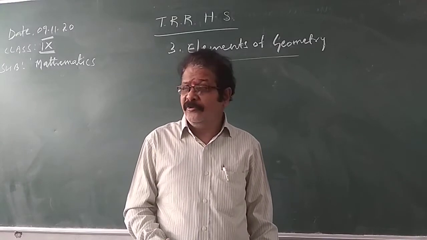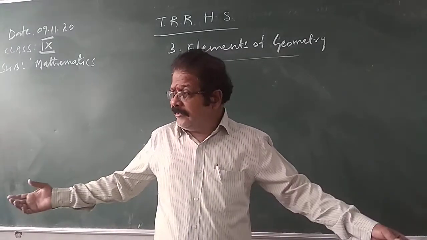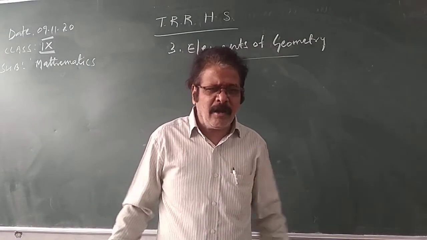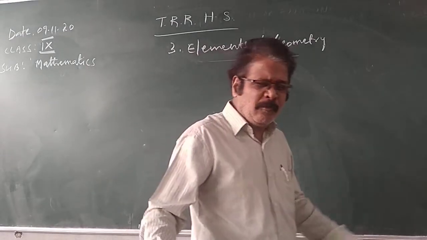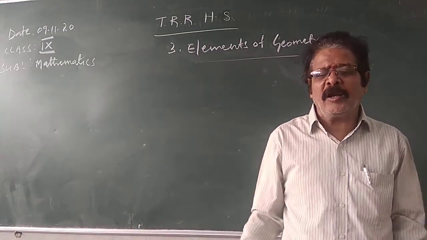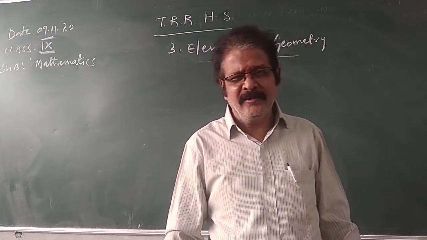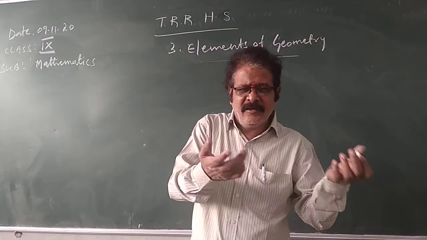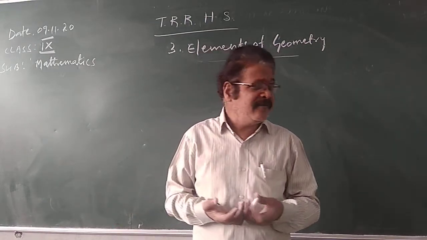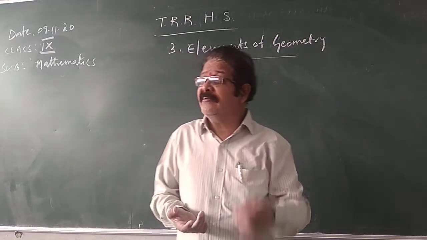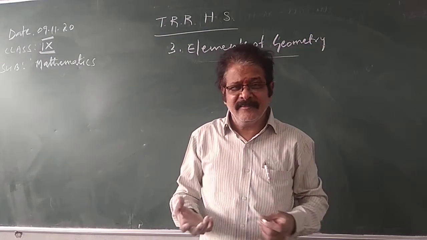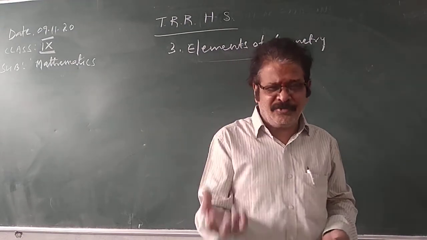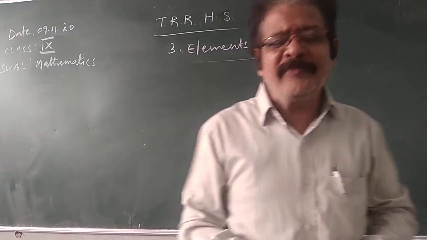In the external world, human beings are elements, all movable or non-movable things are elements. In the classroom, benches, chairs, tables, blackboard, fan, tube lights, LED lights are elements. Elements means objects.